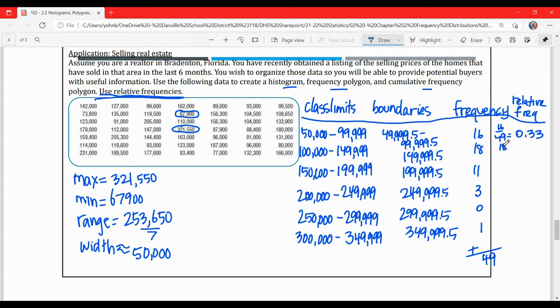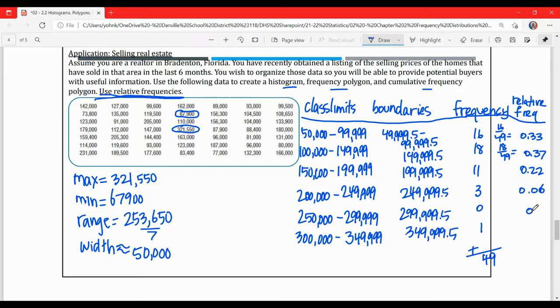Then we have 18 over 49. Oh, wait, hold on. I thought that number was wrong, but 0.33, sorry, that was right. 18 over 49 is 0.37. So it's 37%. The frequency of 11 goes with a relative frequency of 0.22. 3 goes with a relative frequency of 0.06.